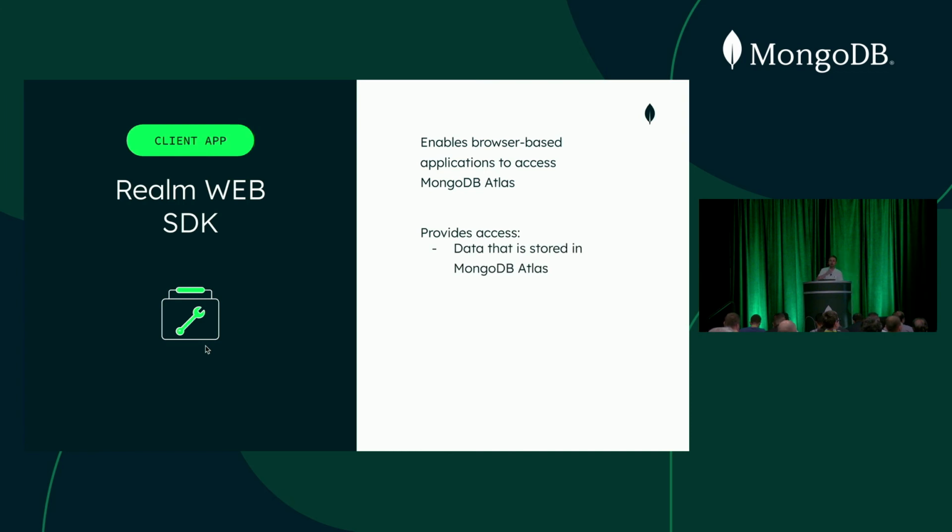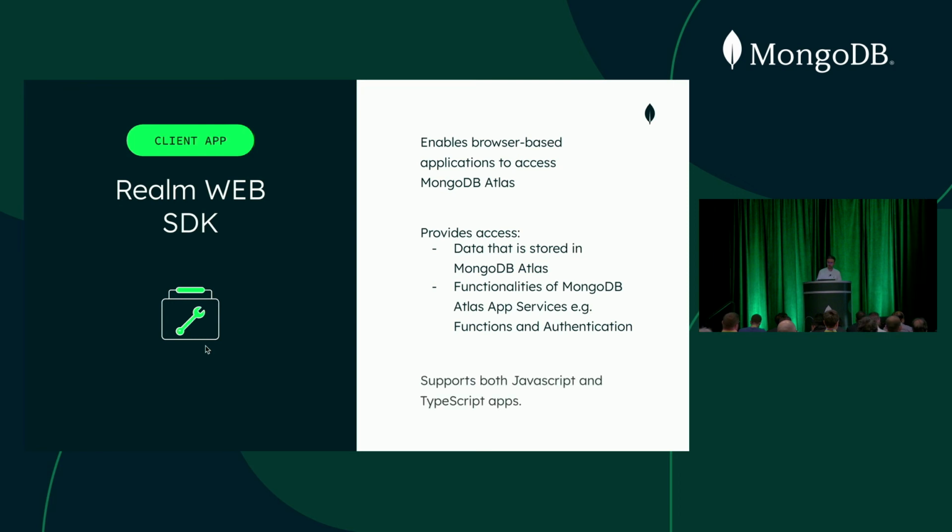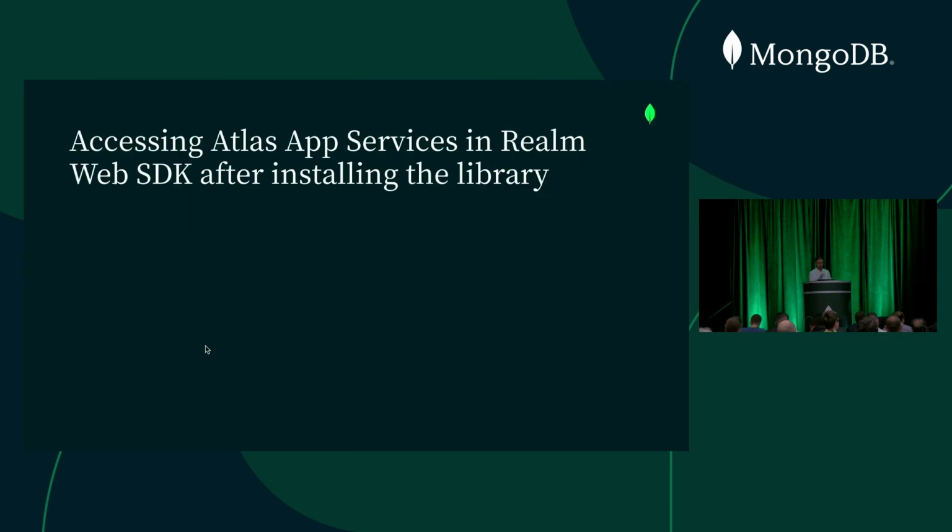So in the front end, you can execute database queries without requiring a separate backend service. You can access the functionalities of MongoDB Atlas App Services like functions. I showed Atlas serverless functions, and you can execute Atlas functions in the front end. It supports JavaScript and TypeScript applications.